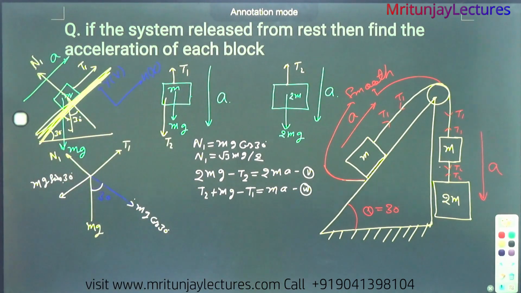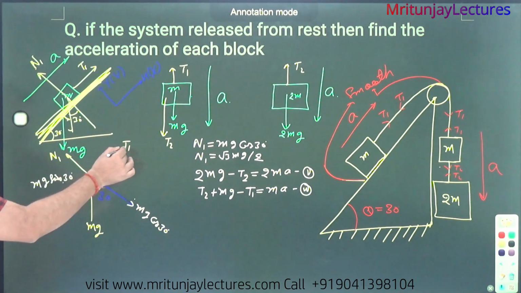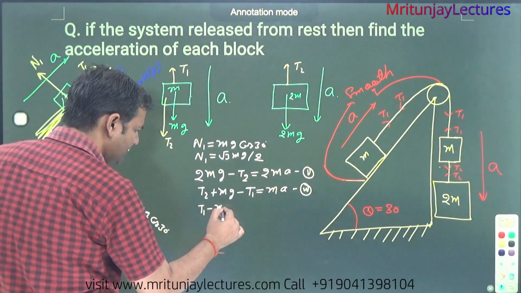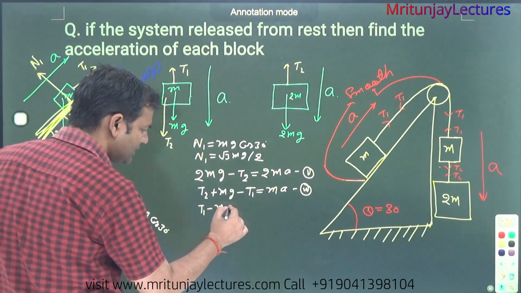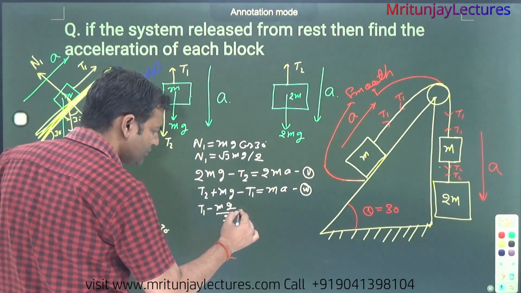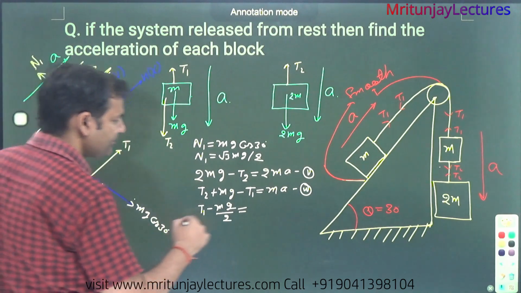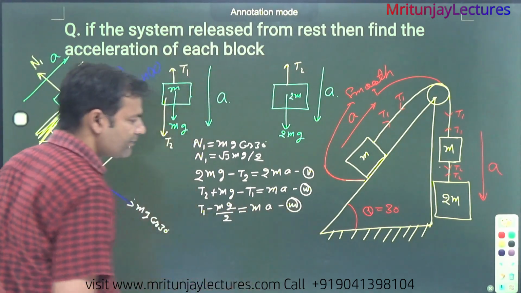And now the last one, here this whole system is going upward, so T1 minus mg sin 30, mg sin 30 means mg by 2, so T1 minus mg by 2 is equal to mass m into A, that is equation number 3.